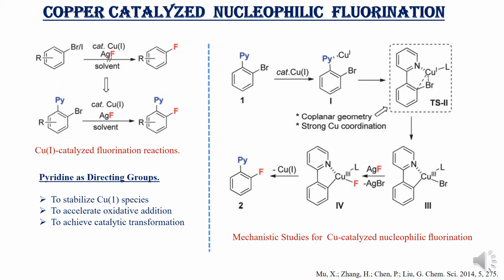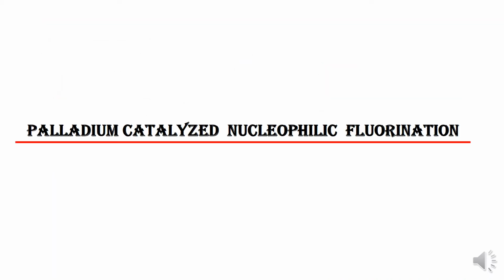First of all, the pyridyl aryl bromide was introduced with the copper 1 catalyst, and further the intermolecular oxidative addition takes place to give the copper 3 complex. Afterwards, the ligand exchange takes place with the silver fluoride, and after the reductive elimination, we got our desired product.